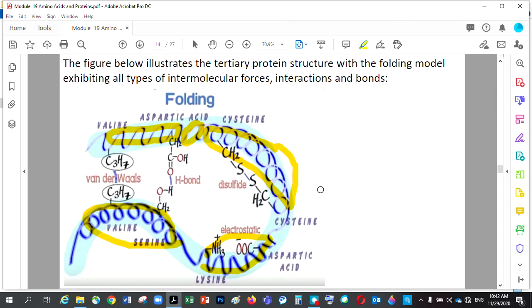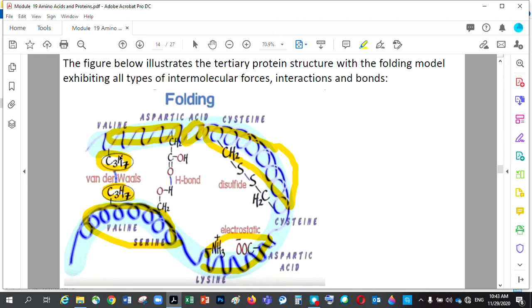But that's not all the story. The most important thing about the tertiary protein structure is that we have the interaction of the group of the intermolecular forces within these chains. Let's look at this. This is a group here, non-polar, correct?